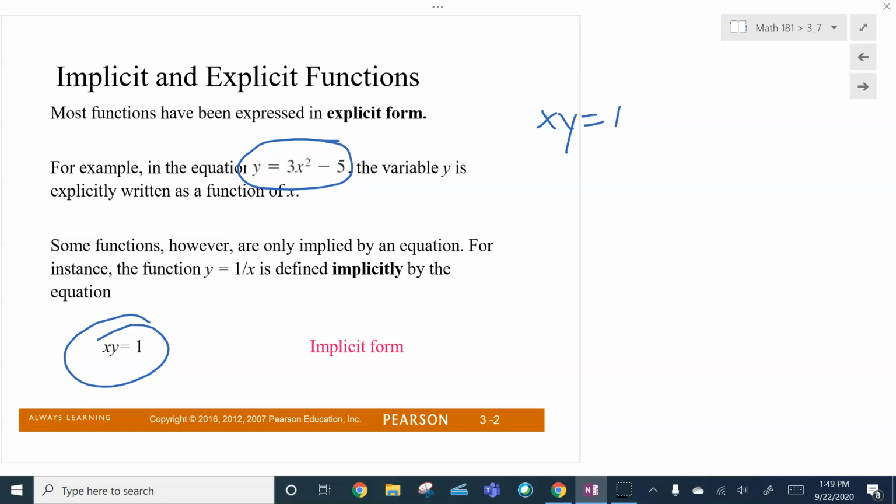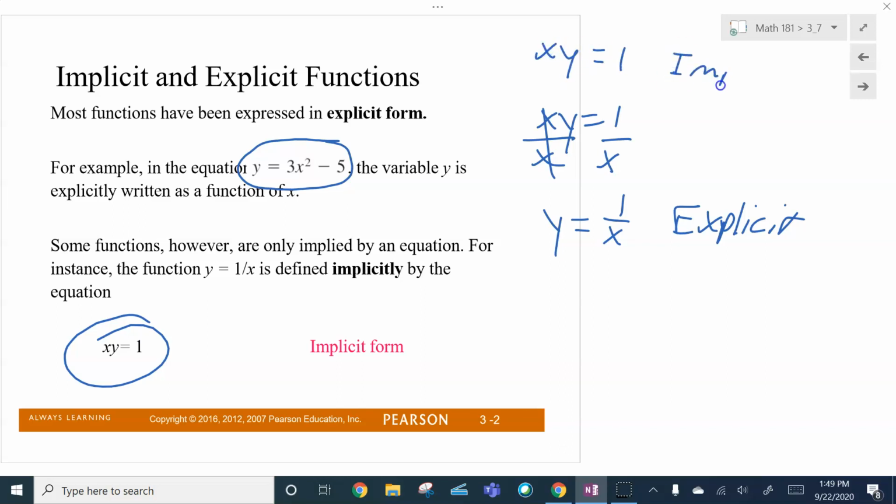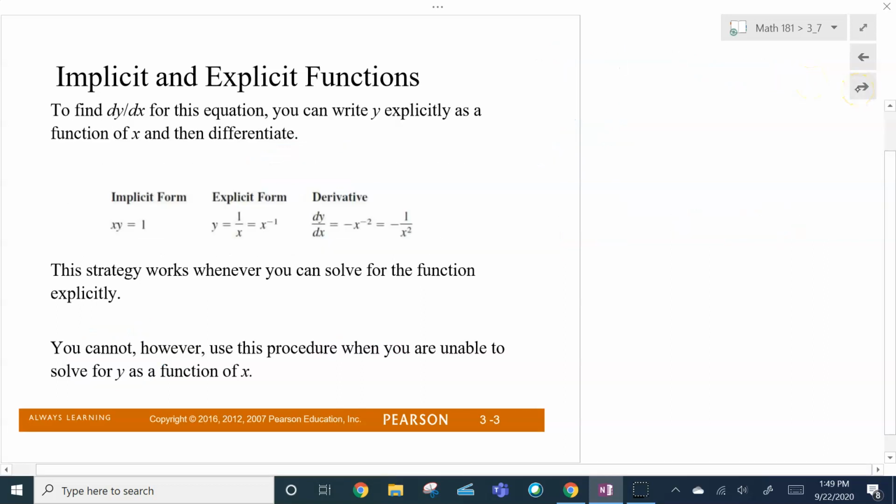But you can solve for y and have it in explicit form, so that y is written as a function of x. So this is implicit form, and explicit is y equals 1 over x, or x to the negative 1.